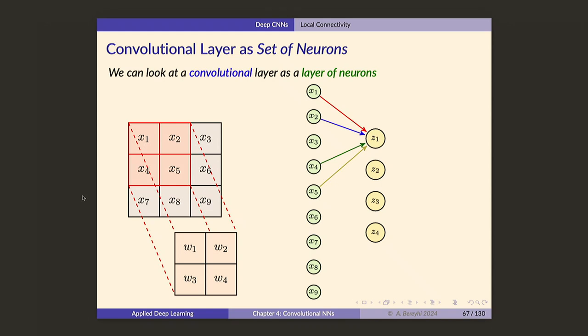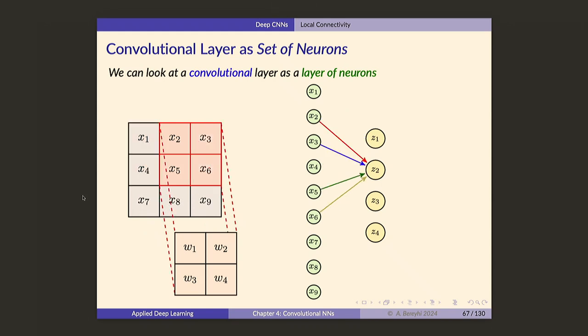Then the next thing, I slide, and I multiply x2 by w1, x3 by w2, x5 by w3, x6 by w4, right? And then sum them up. So x2 here is multiplied with w1, the red one. x3 is multiplied with the blue one, which is w2, and so on. x5, the green one, is w3, and the last one, x6, is multiplied with the yellow weight, w4.